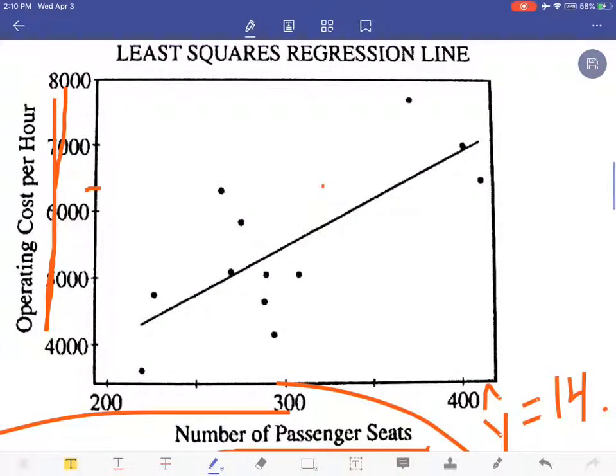So the residual is going to be your actual value minus your predicted value. So in this case, if your actual value is below the line, that means you have a negative residual value. If your actual points are above the regression line, that's going to be a positive residual value.